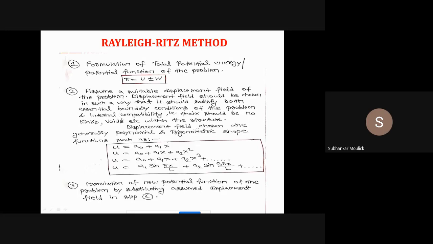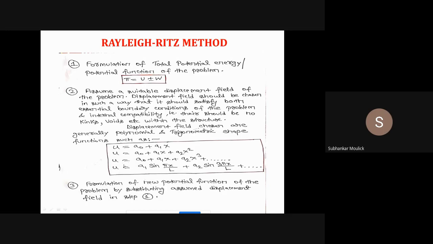Once those unknown coefficient values are found, the new displacement field, after substituting them, you will substitute that value of u in your given potential function. That is your step number 3.